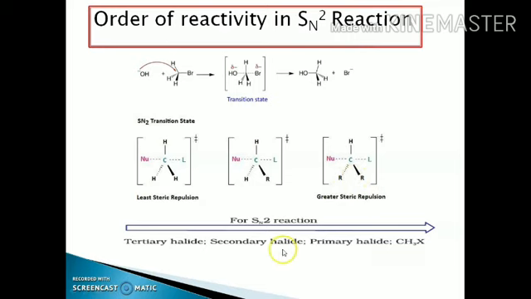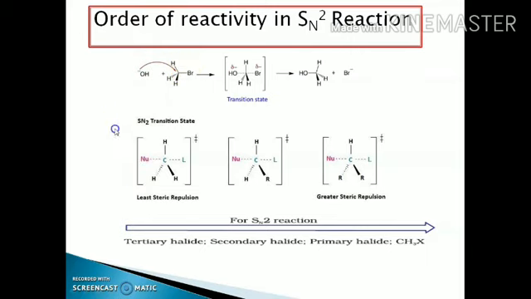Therefore, steric hindrance would be less in comparison to the tertiary halide, and in case of the primary halide, there is only 1 bulkier alkyl group, which gives less steric hindrance in comparison to the secondary alkyl halide. And in case of the methyl alkyl halide, there is no alkyl group. It means the nucleophile can easily attack the partial positive carbon.